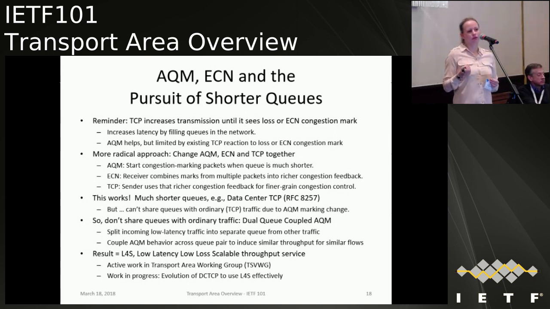We try to achieve the same thing in the internet, but those two different schemes cannot really coexist on the same connection. So what we do is we try to put them into different queues. One queue is working the traditional way, maybe drop-based, maybe ECN-based, but in both cases it's the same feedback you get. And the other queue is giving you much earlier, much more feedback you can react to quickly in a different way.